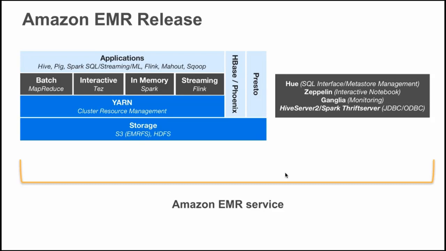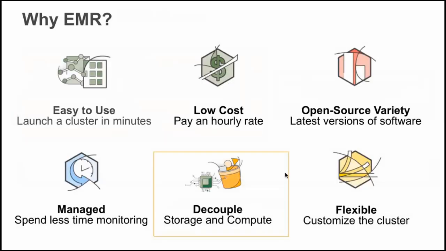Yarn, which is the resource management component, is managed for you. The storage, the file system, whether you're using EMRFS or HDFS or a combination, right? Things like Presto, HBase, and Phoenix. All these things are made available to you. For user interfaces, we have Hue, and then Zeppelin, the interactive notebook, Ganglia, the monitoring component. So all these things, again, are what come together to make an Amazon EMR release.